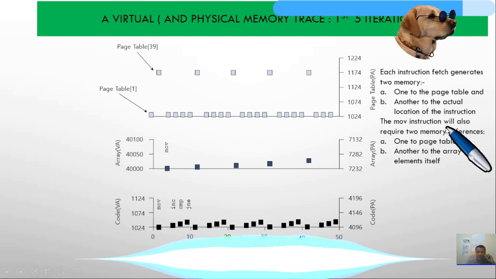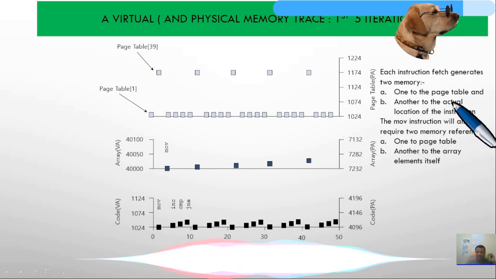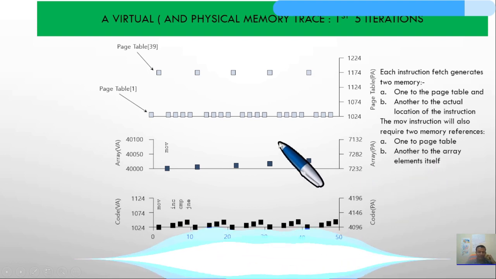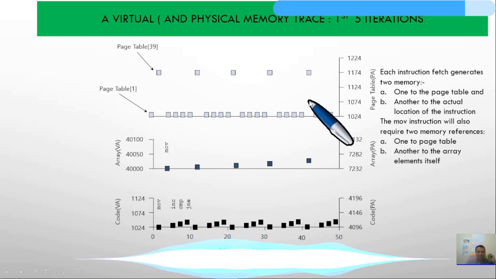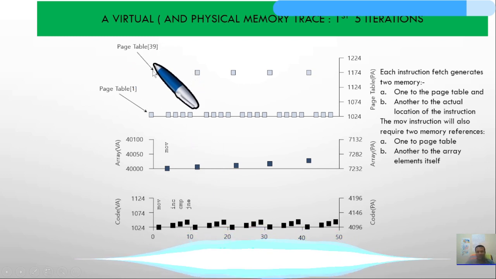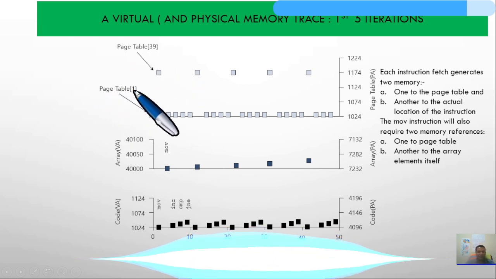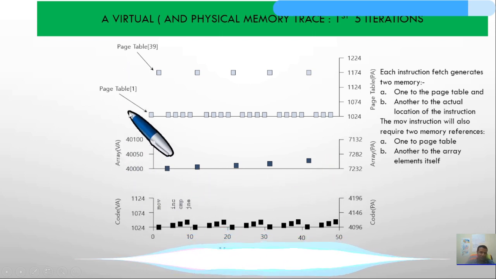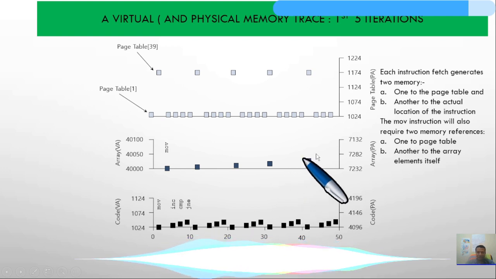The move instruction also requires 2 memory references: the first is to the page table, and the other is to the array element itself. As you can see, we have page table 39, page table 1, and the array. The virtual addresses are in the left direction, and the physical addresses are in the right direction.